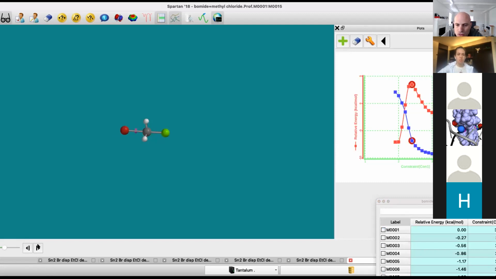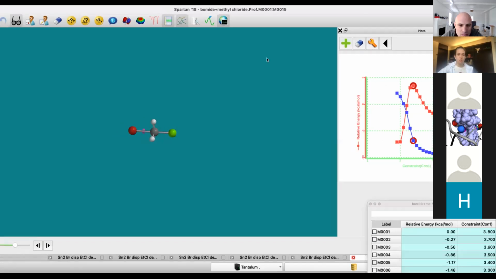And when we hit this structure, we're just about at the peak. It's not quite at the transition state, but it's close enough. Okay. And so the thing to notice here is that that carbon is just about trigonal bipyramidal. Okay. The hydrogens are a little bit out of plane. Still canted a little bit to the left, but not by much, right? And so I've got 5 ligands around that carbon, all right?